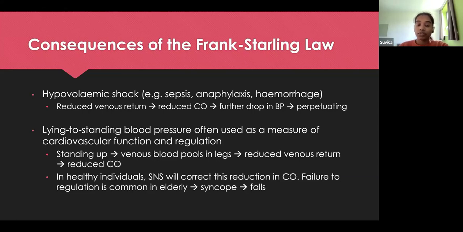But in healthy individuals, your sympathetic nervous system will try and correct this so that you can restore your cardiac output, because otherwise, every time you're standing, you're going to faint. So the sympathetic nervous system will kick in. But as you get older, the sympathetic nervous system works less well. And so it's very common that in elderly patients, you see them fainting and falling as a result of just standing up and their blood pressure dropping quite significantly. So this is the mechanism behind that sort of pathology.